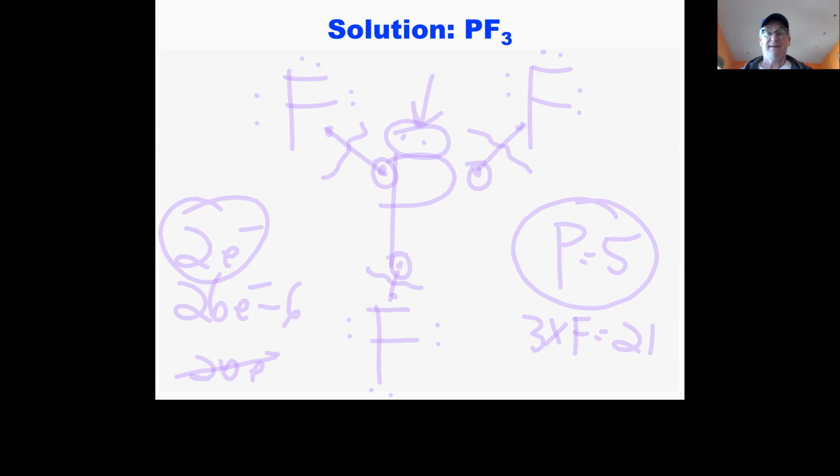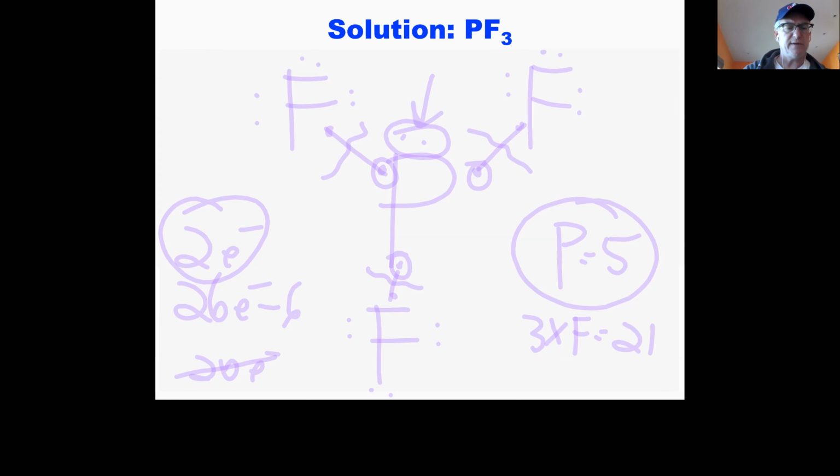For total electrons, it gets to count all the shared electrons and the lone pair, because that's the whole point of sharing electrons: I can have an octet, you can have an octet, everybody has an octet. So phosphorus has 6 for the 3 bonds and 2 for the lone pair, for a total of 8. All the fluorines have 8, phosphorus has 8. Everybody's chill.